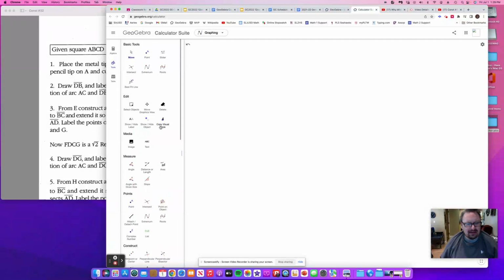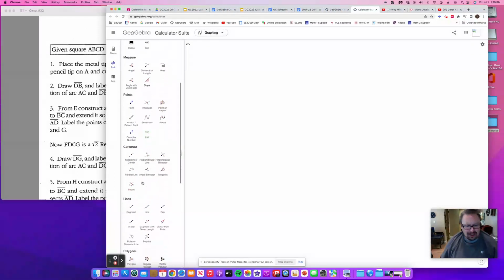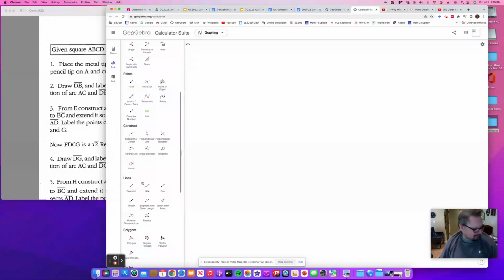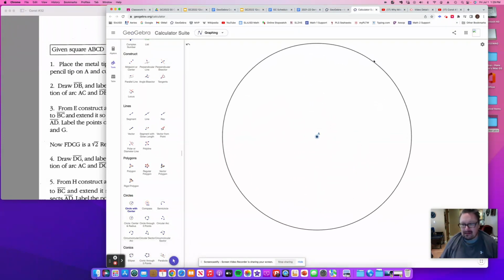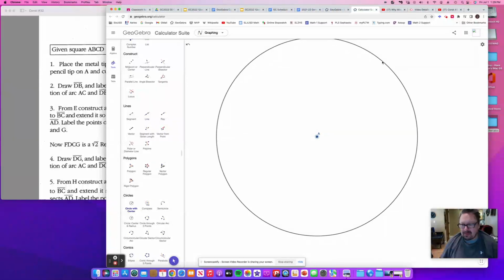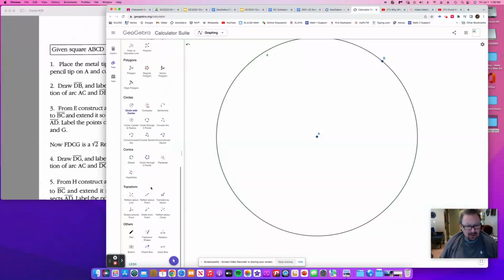Okay, so we'll start with a square, and the way I'm going to make that is with a circle. I'll put a point up here, and then we'll rotate that point by 90 degrees, rotate around the point.